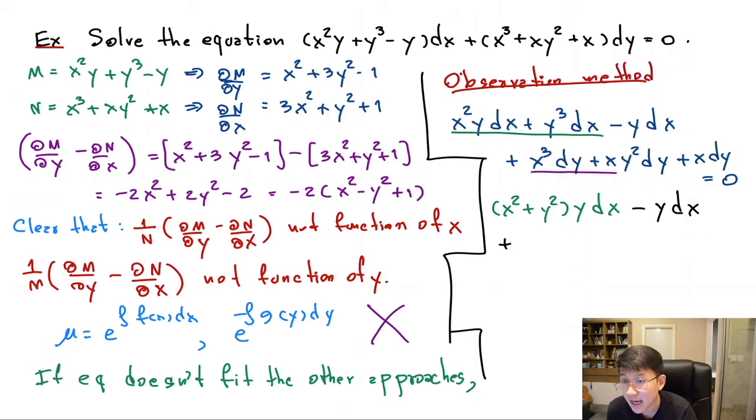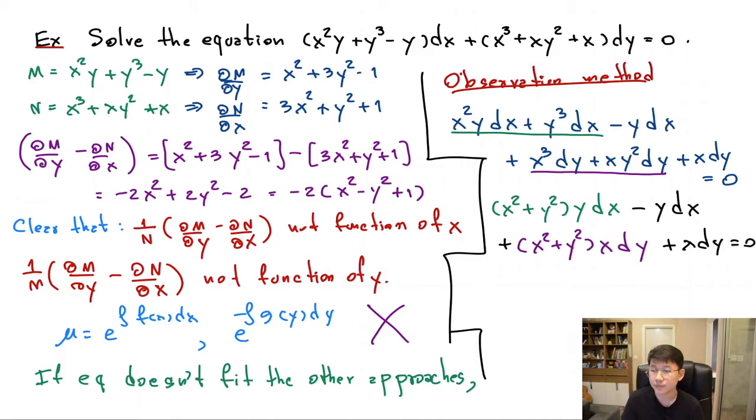I pull x out, so I get x times x squared plus y squared, dy. And then I have plus x dy equals 0.